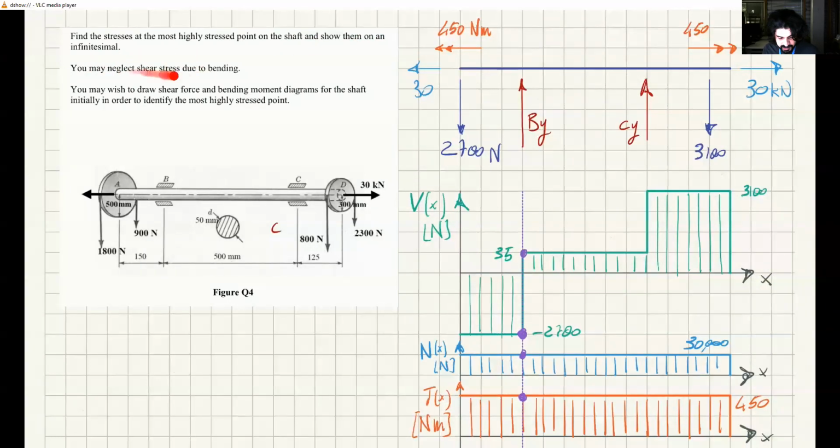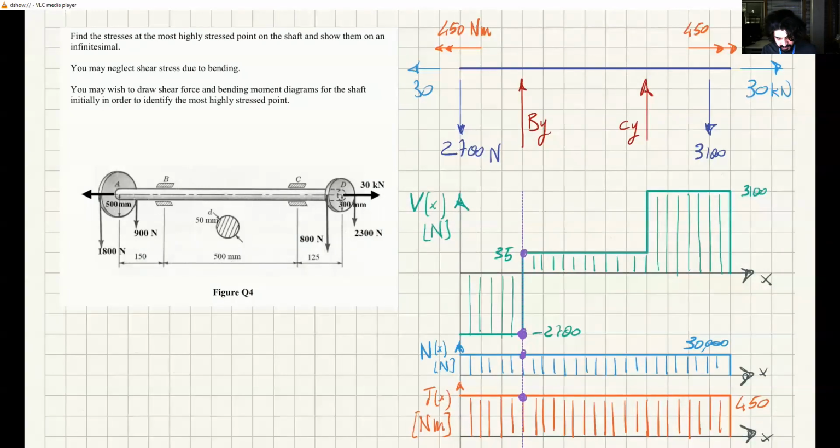You may neglect the shear stress due to bending. This is exactly what we had last time. So you can neglect direct shear stress, and you may wish to draw the shear force and bending moment diagram first to identify what's the most highly stressed section.